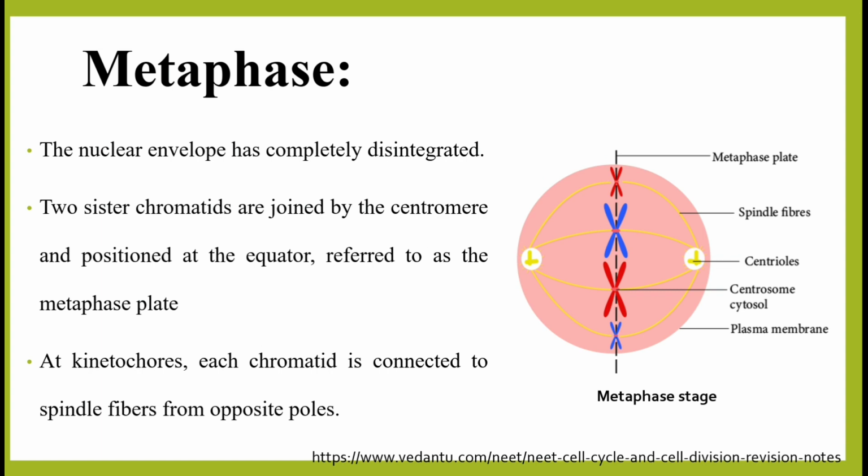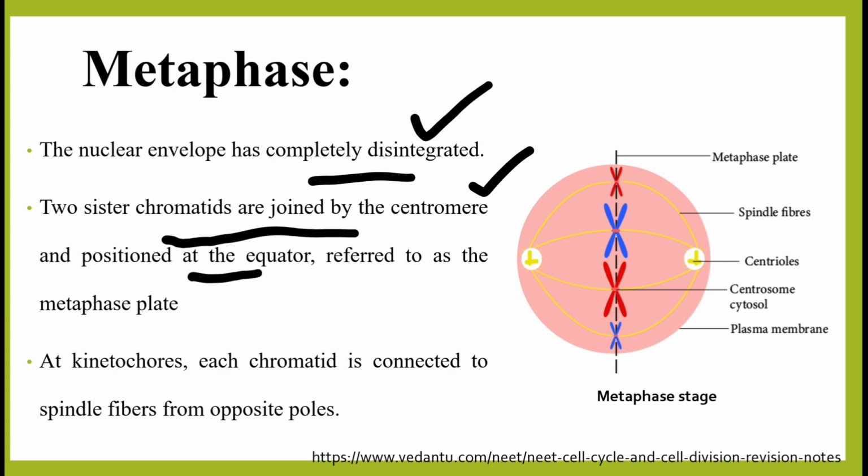Then after prophase, metaphase is there. In metaphase, the nuclear envelope or nuclear membrane has completely disintegrated. Two sister chromatids joined by the centromere are positioned at the equator, referred to as the metaphase plate.